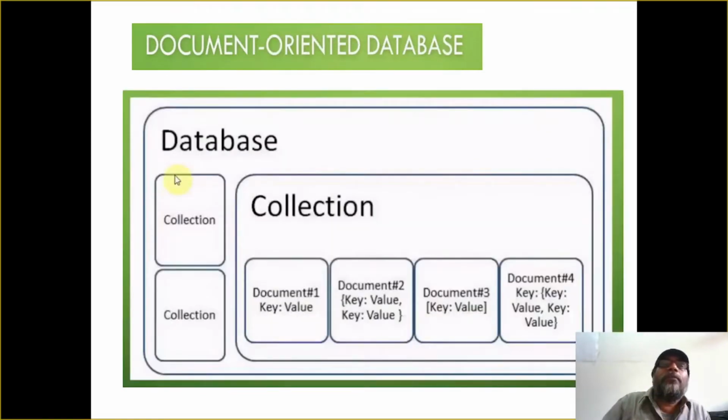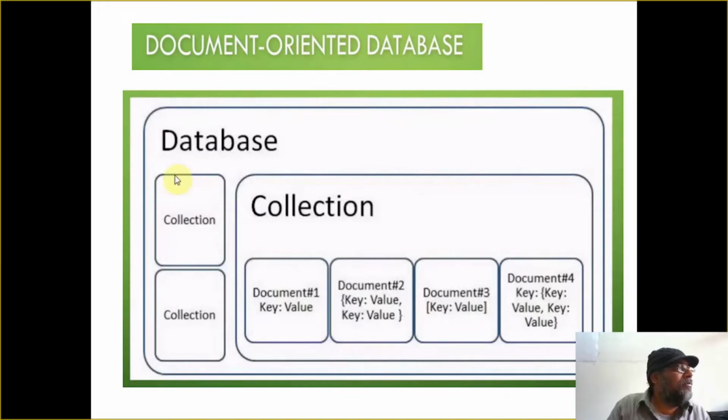So in a document oriented database we have a database, and in the database we define collections. There are several collections, and in one collection we have several documents. So we have document number 1 with key and value, document number 2 with key and value, like that.